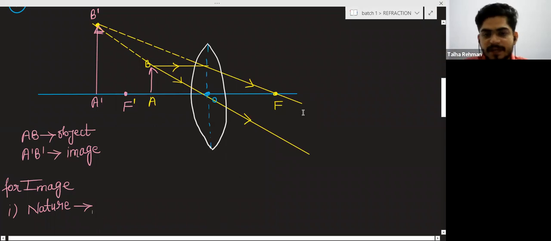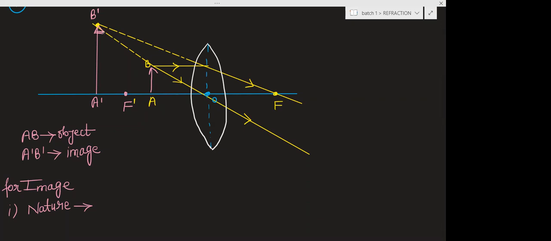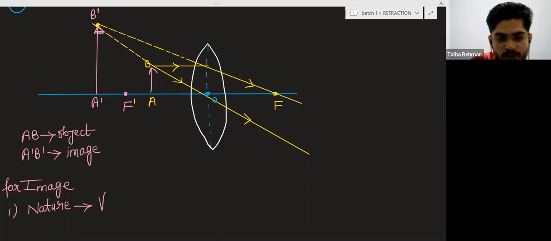These rays are just going in this direction in actual, but we have produced these rays here. This is not the actual thing. I have done this for the image formation only. So the nature of the image will be virtual.